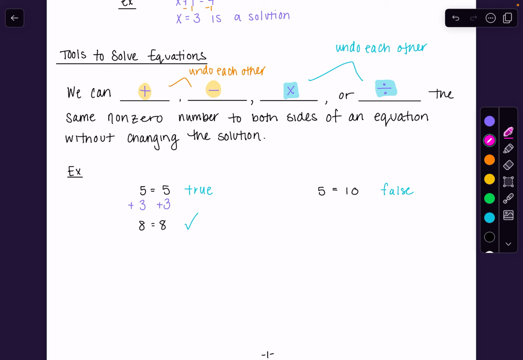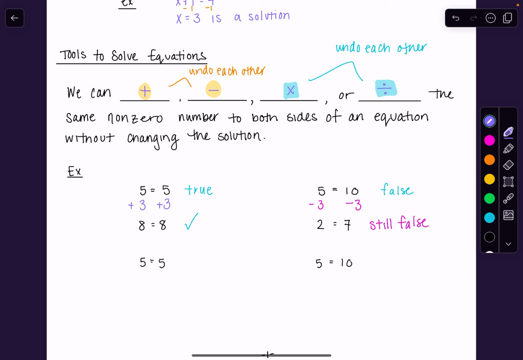Where over here, if I subtract 3, I started with something that's false, and subtracting 3 still leads me to something that is false. So it has not changed the core value of my problem, okay? And likewise, multiplication and division do the same thing because we know these both go hand in hand.